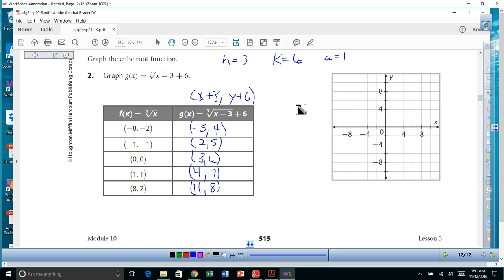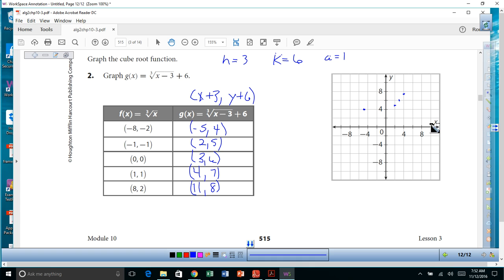So negative 5, 4 would be right there. 2, 5 would be right here. 3, 6 would be right there. 4, 7 would be right there.